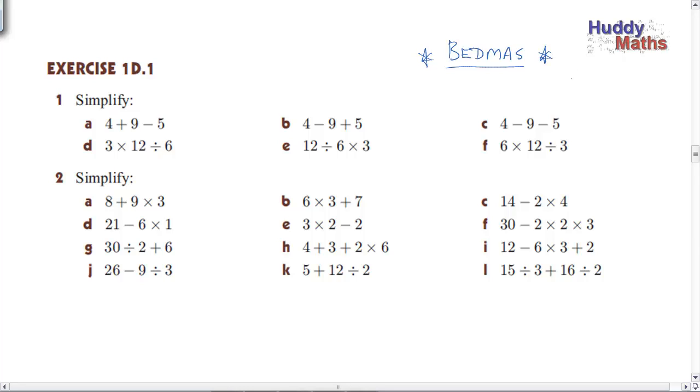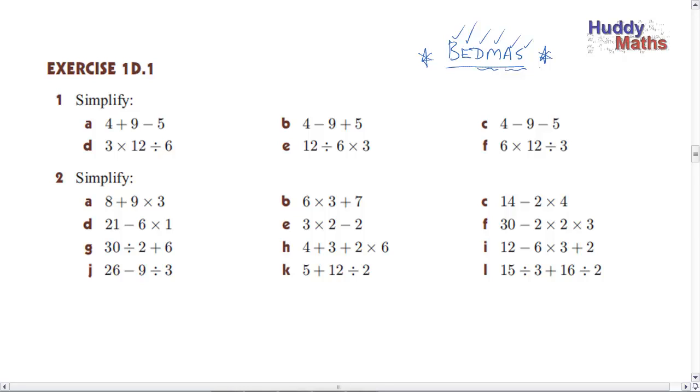Okay. Brackets done first, powers or exponents, division and multiplication, any order of those two, and then addition or subtraction, any order of those two, but not when they're mixed up with division and multiplication, because we can get into trouble with the way we do it. We want everybody to have the same answer.